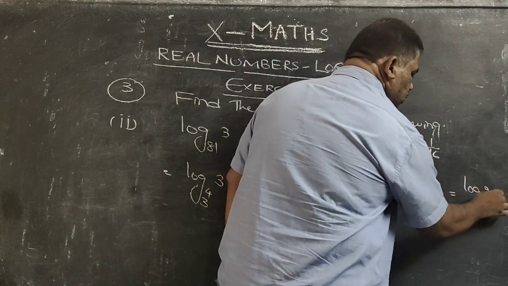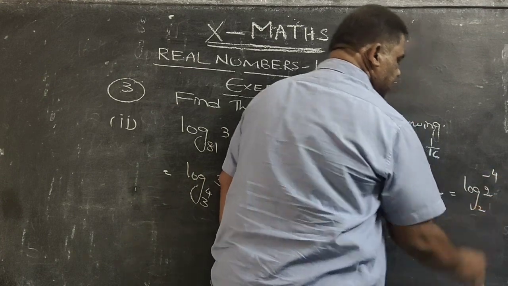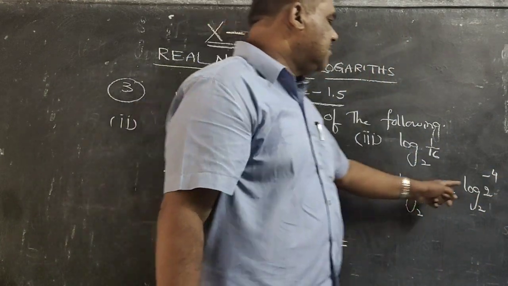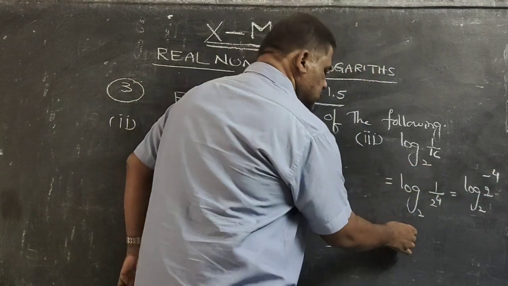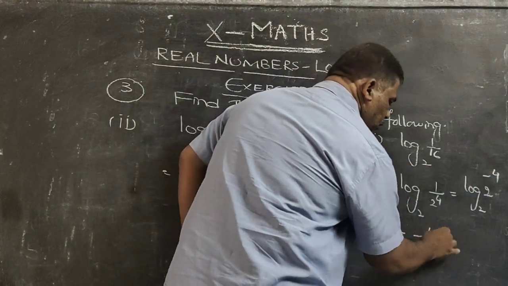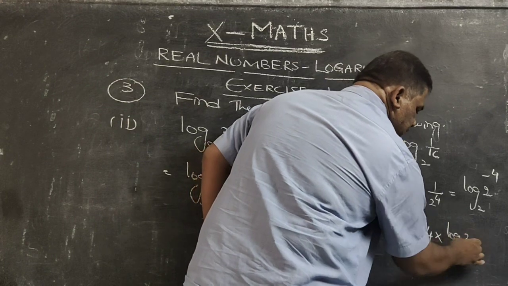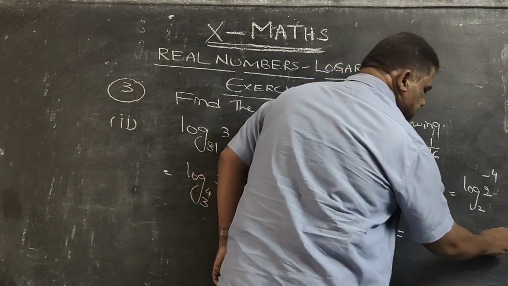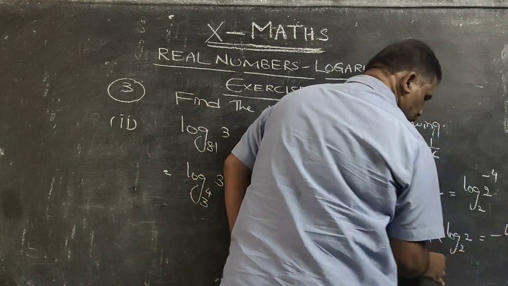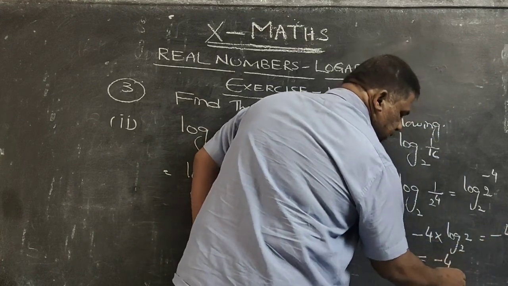It will become 2 to the power minus 4. In logarithms, if a number has power, then it comes as a coefficient. So it will become minus 4 into log 2 base 2. Logarithm of a number itself as the base, it is 1. So minus 4 into 1, answer is minus 4.